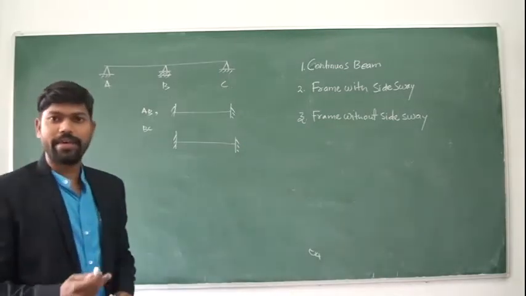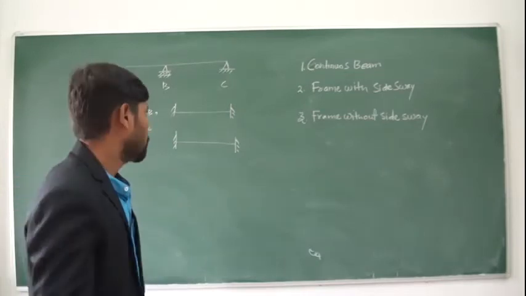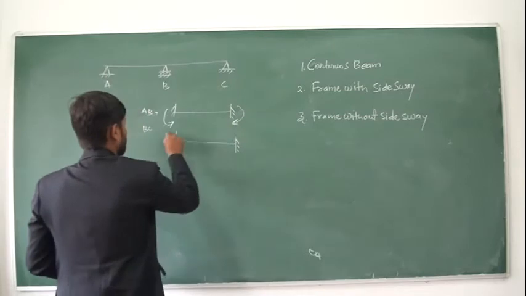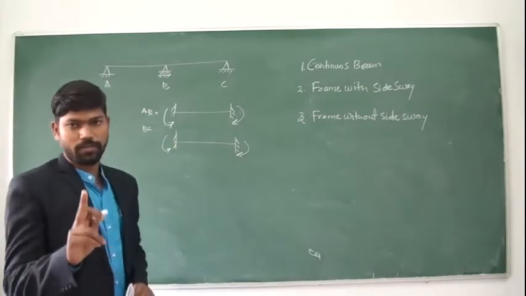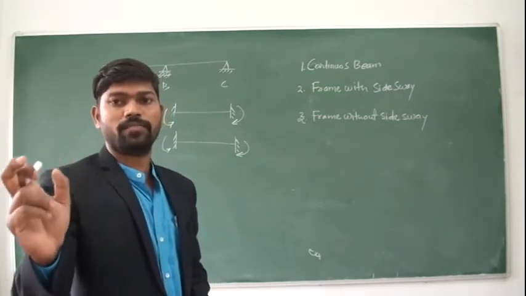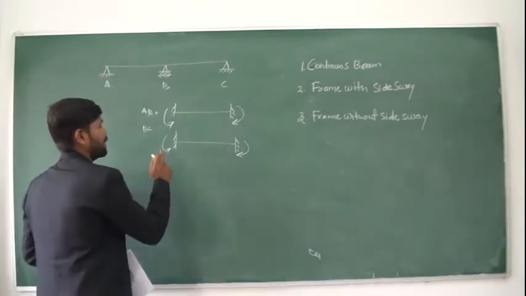Okay. Now when there is a fixed support, there is a support moment at fixed support. Okay. So definitely here support moment will be here also, here also, here also. Okay. So first step is to consider each span of a beam as a fixed beam and find out this fixed end moment.